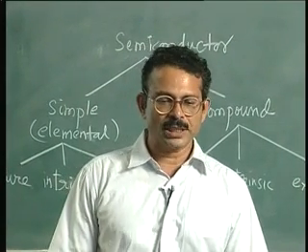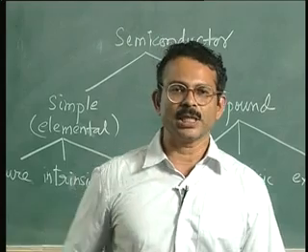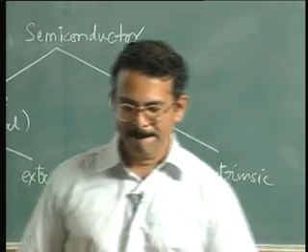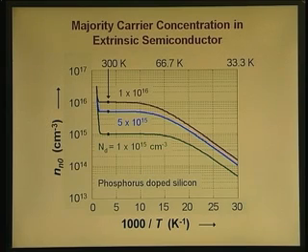If there are no more questions, before leaving this lecture, I would like to come back to this particular slide of majority carrier concentration in extrinsic semiconductor, related to which a student had a question about why the extrinsic range is smaller for higher doping levels as drawn in the diagram, whereas in practice the extrinsic range should be larger for higher doping levels.